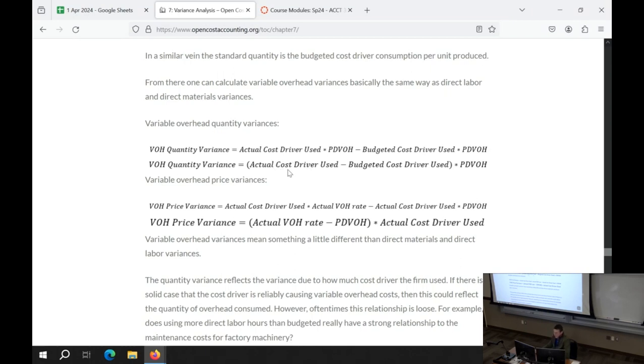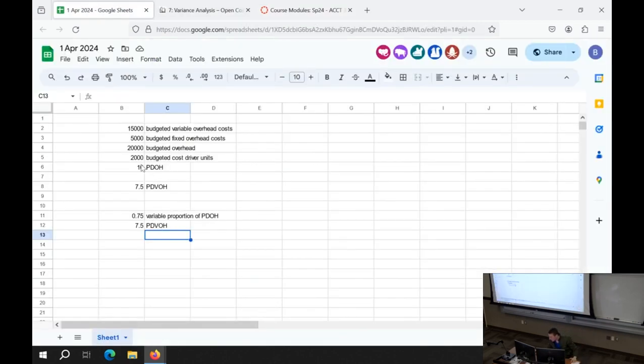AQ is the actual quantity of the cost driver used. So if you remember, we end up allocating overhead by multiplying that PDOH rate by the actual cost driver consumed. So we had 100 orders this month, and they actually consumed, let's say, 2,200 hours, or units of whatever the cost driver is.